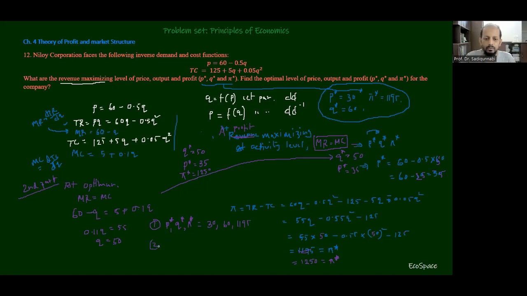Number 2: P star, Q star, pi star equals 35, 50, 1250. So this is our solution.